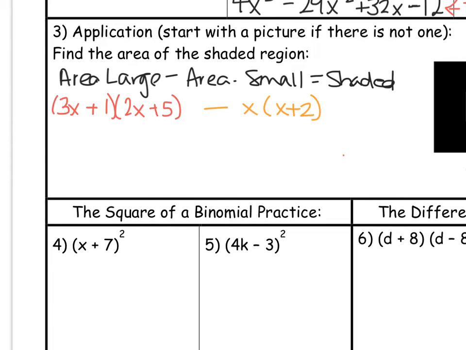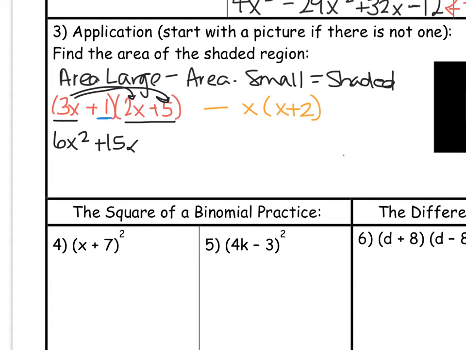So whether you use the box method or the distributive method, either one will work. So I'm going to multiply 3x times everything in here. So 3x times 2x gives me 6x squared. 3x times 5 gives me plus 15x. Then I'm going to do the same thing with 1.